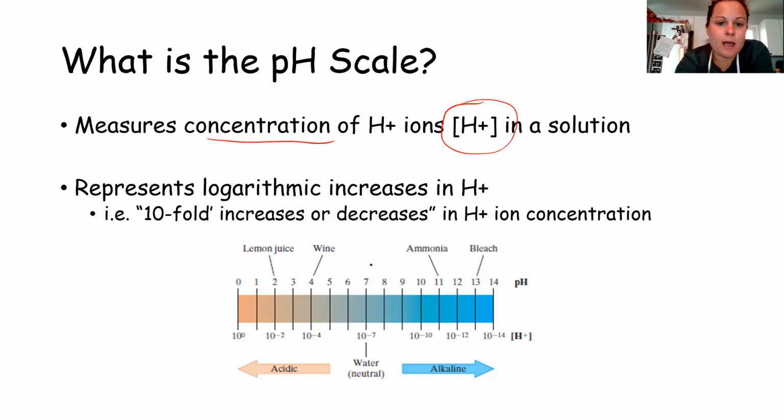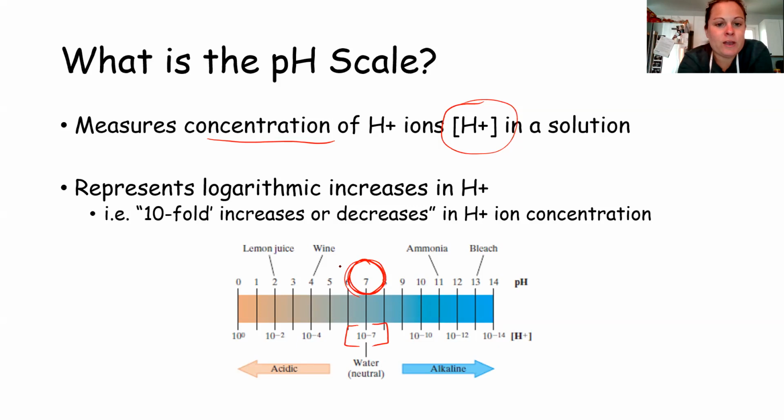Let's say I have a solution that is neutral. It has a pH of 7. It has an H+ ion concentration of 10 to the negative 7. There are complicated calculations that go into this, but I'm going to save that for those of you who are braving AP Chem next year.